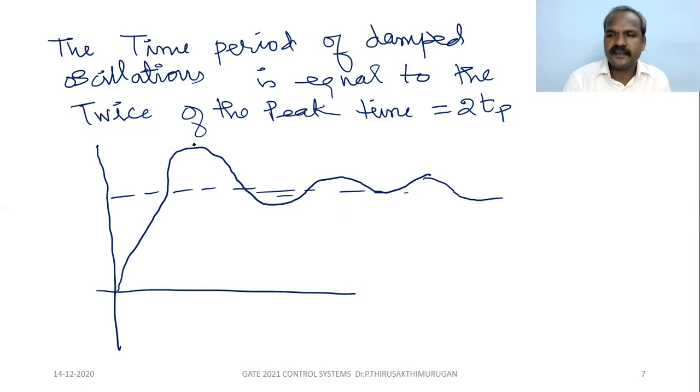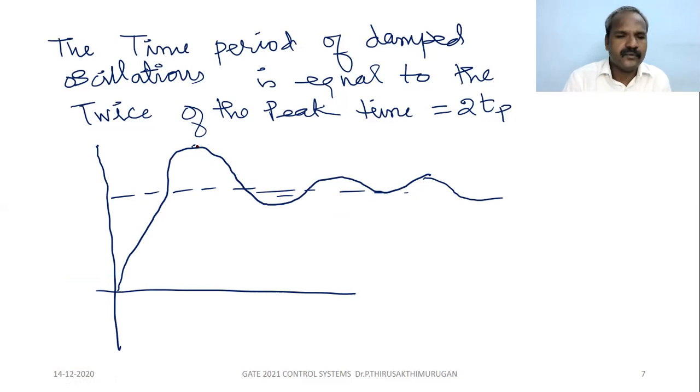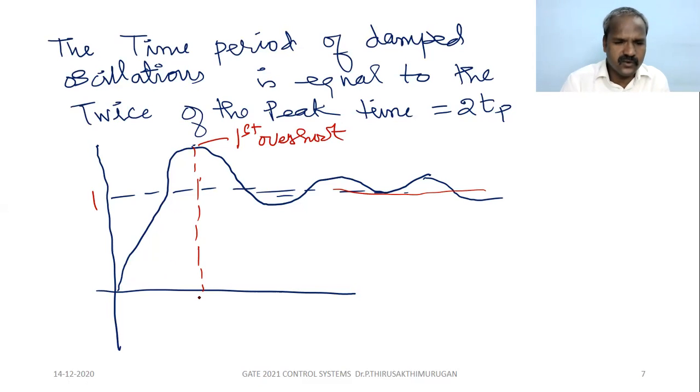This is the first overshoot, and this is the settling time. So the first overshoot is at pi by omega d. First undershoot is at 2 pi by omega d.